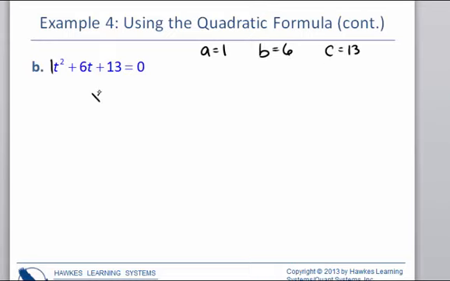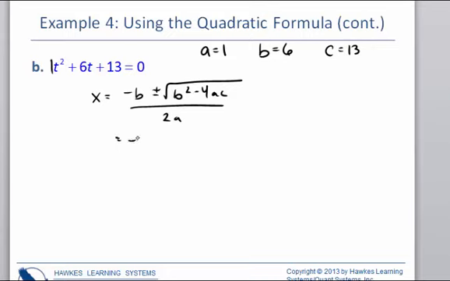And so if we go to plug in our quadratic formula, remember that our quadratic formula looks like this. So we're going to put in negative b, so that's going to be negative 6. b squared is going to be 6 squared minus 4 times a times c.